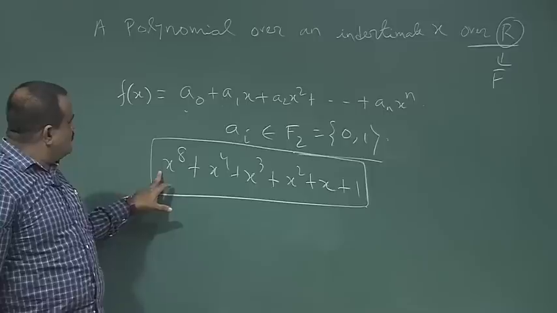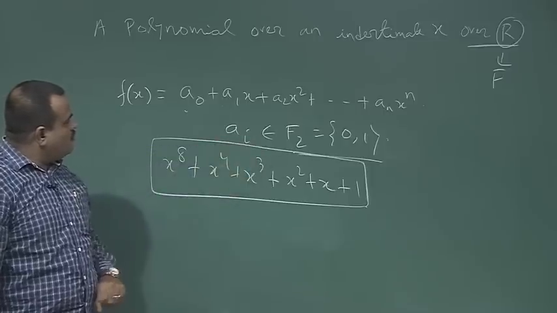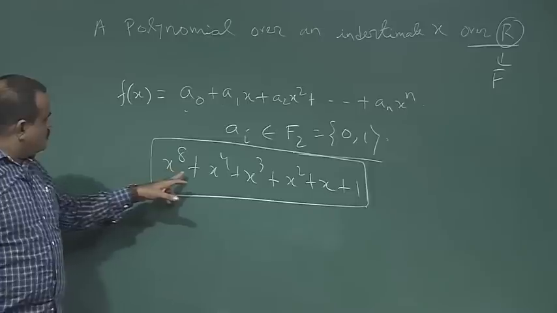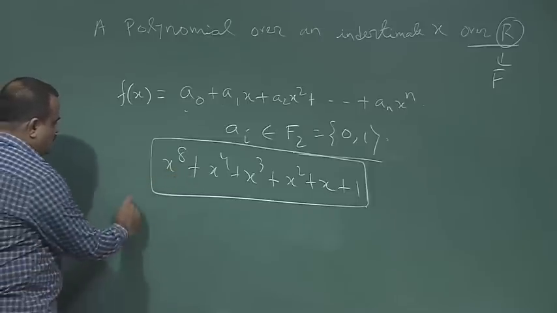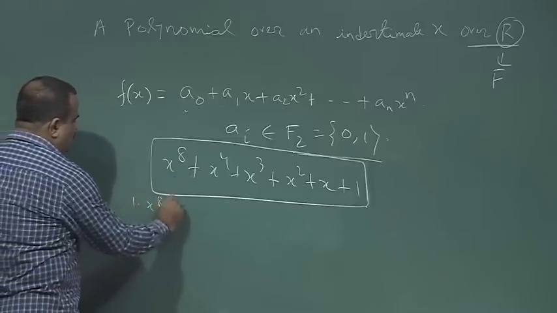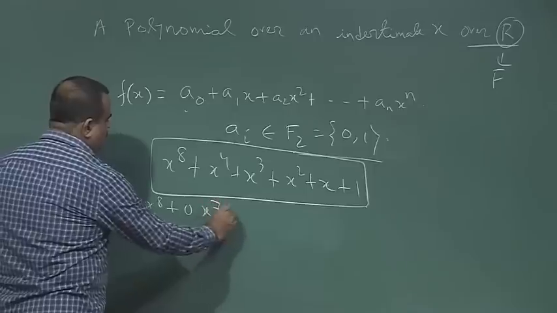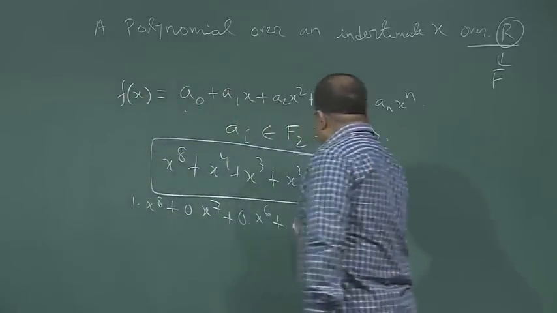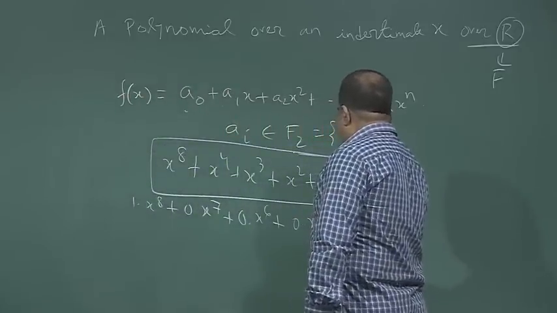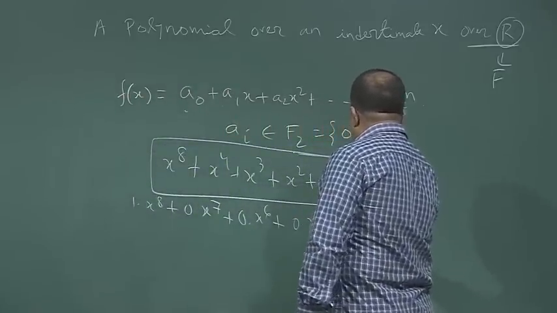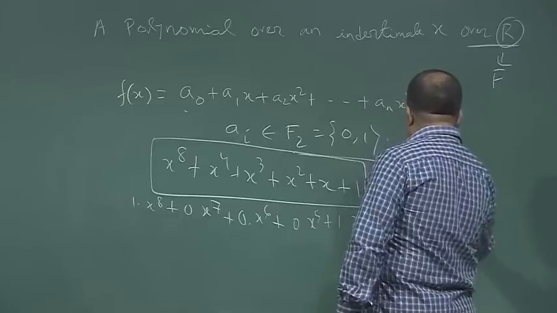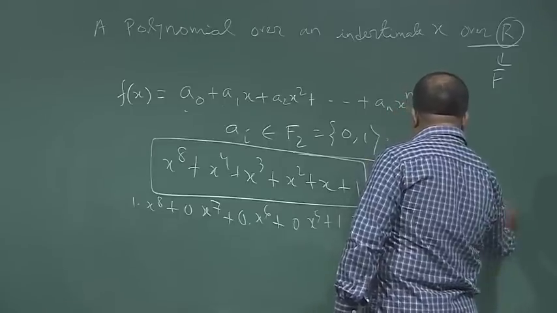So this polynomial is over F2, the coefficients are basically 0 and 1, because this is basically 1 into x to the power 8 plus 0 into x to the power 7 plus 0 into x to the power 6 plus 0 into x to the power 5 plus 1 into x to the power 4, 1 into x cube plus 1 into x square plus 1 into x plus 1.